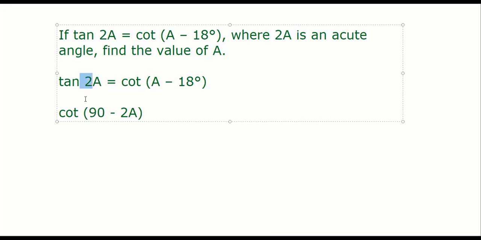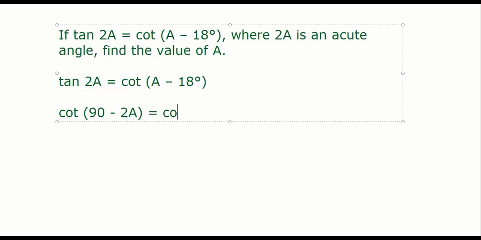Remember, tan becomes cot and cot becomes tan when it's 90 minus something. So tan 2a becomes cot of 90 minus 2a.